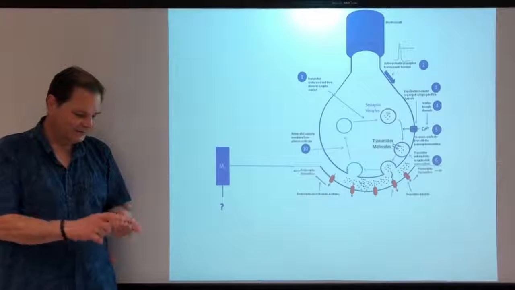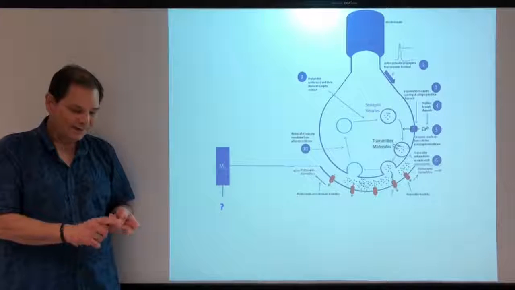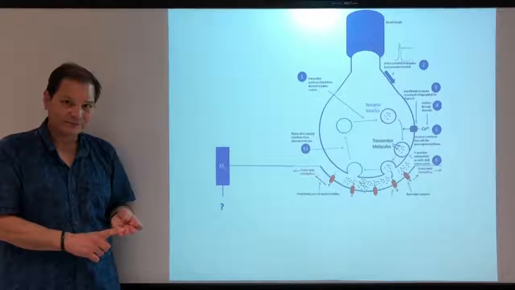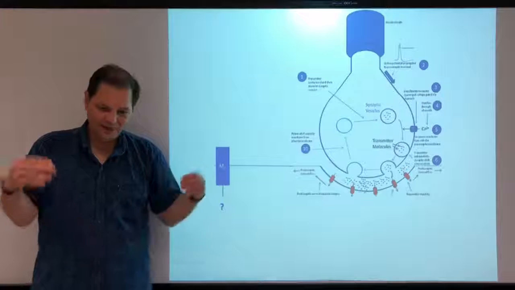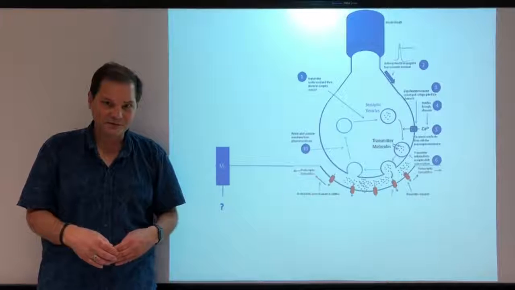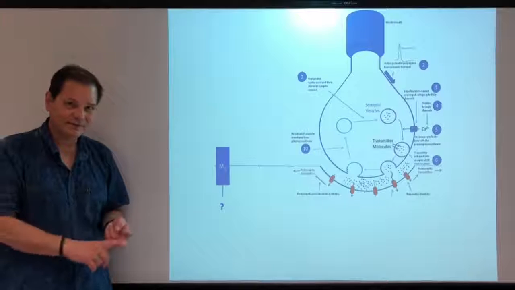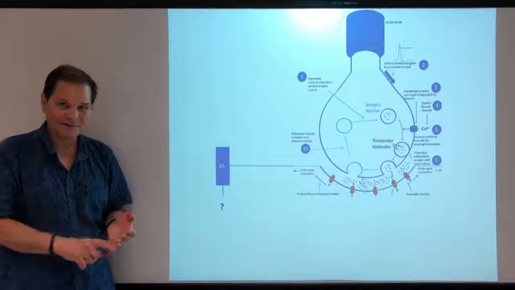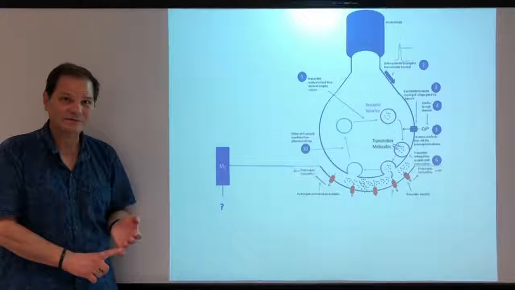It bound ACH, it activated Gq, it increased IP3, it increased calcium release, right? The increased calcium fed into our standard smooth muscle excitation contraction coupling pathway, calcium binding to calmodulin, activating myosin light chain kinase, phosphorylating myosin light chain, causing contraction.